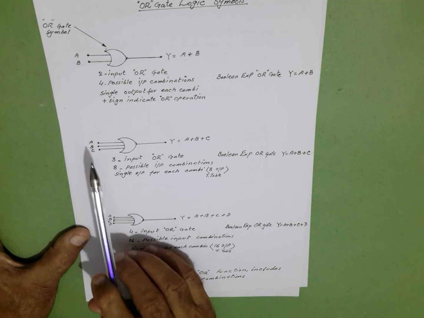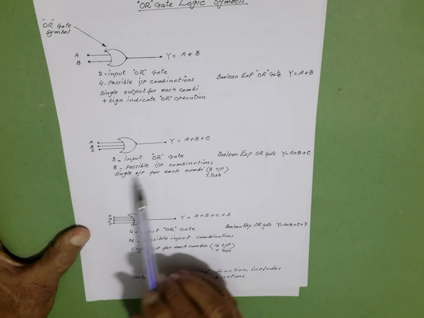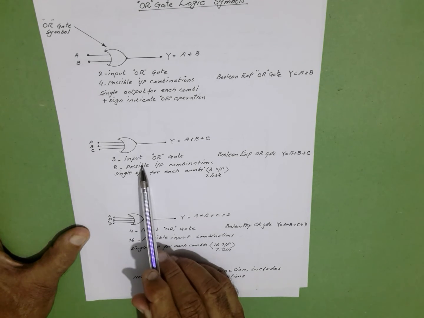When we apply three inputs, there will be 8 possible input combinations.